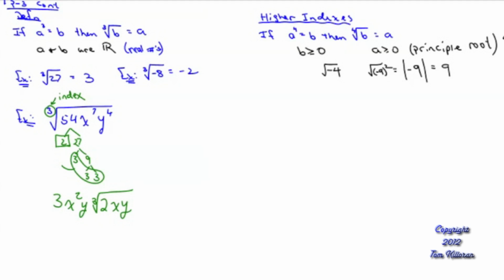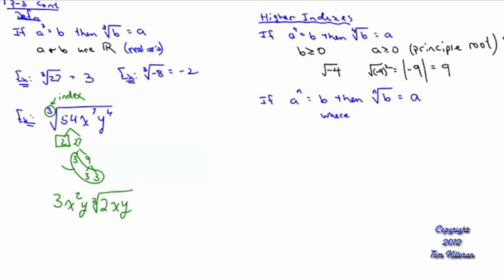All right, what if we define things to be a little bit higher? If a to the n is equal to b, then the nth root of b is going to equal a. This is for any index, any possible index you can think of, as long as n is a whole number.